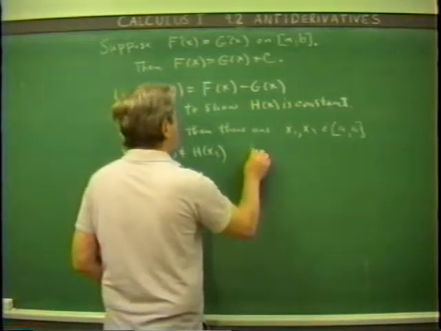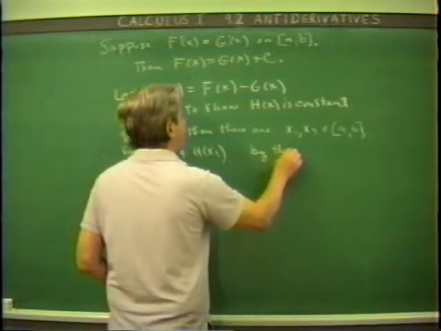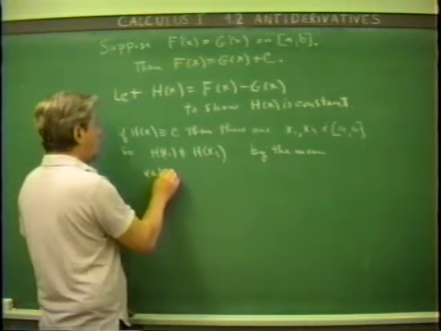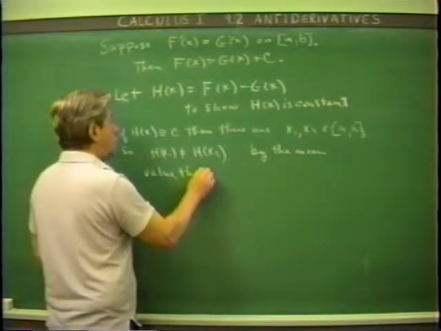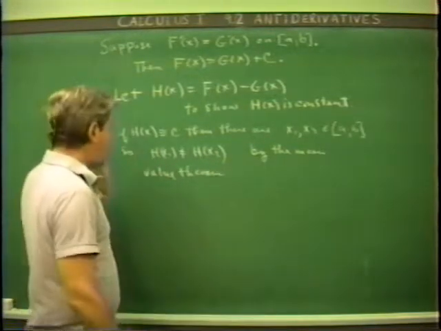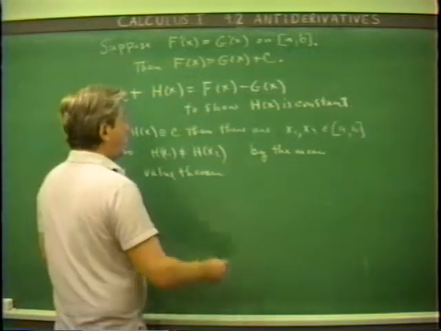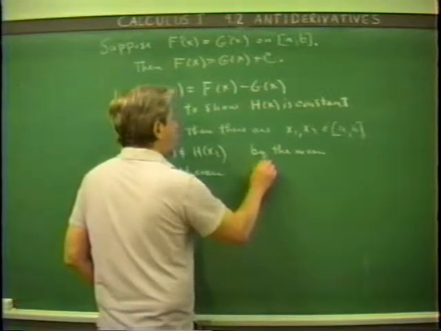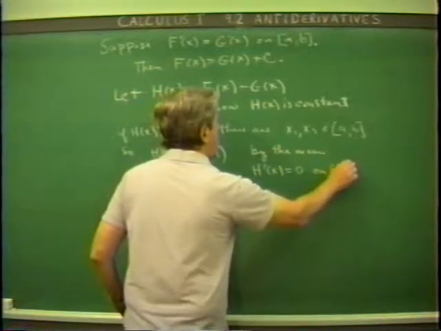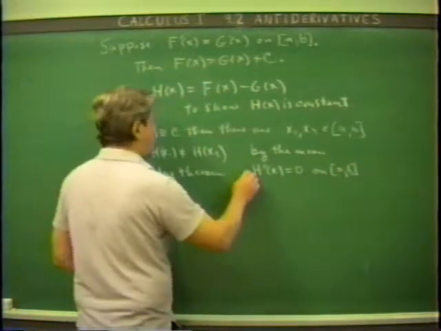Right. Then, by the mean value theorem, for differentiable functions, h is differentiable, and we know for that matter, h prime of x is equal to 0 on AB.